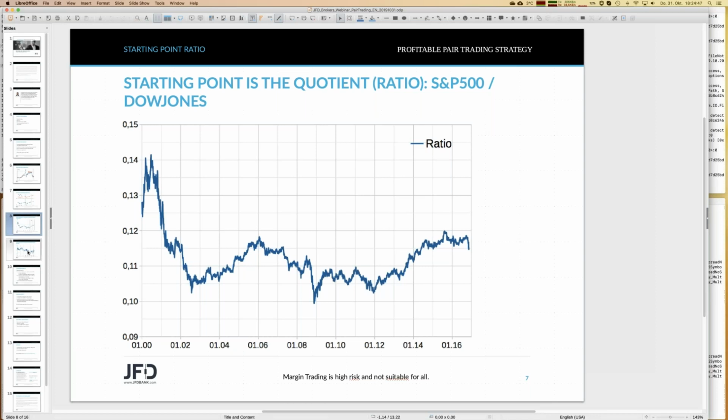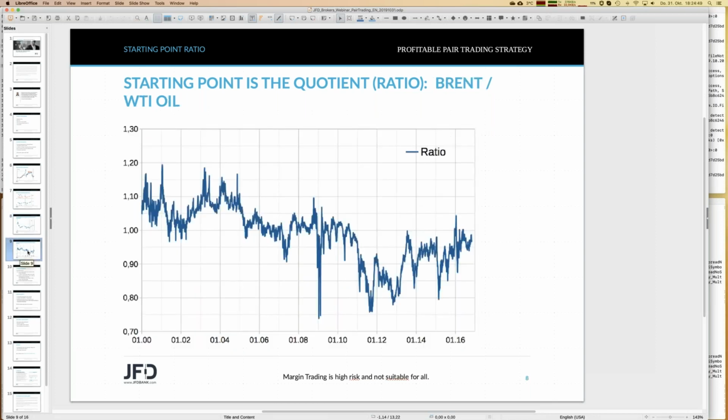But that's a basic thing. We create that ratio, and here we have the same picture for Brent and WTI. For the long term, the ratio was a little bit above 1 for this decade, and then below 1 for that decade.